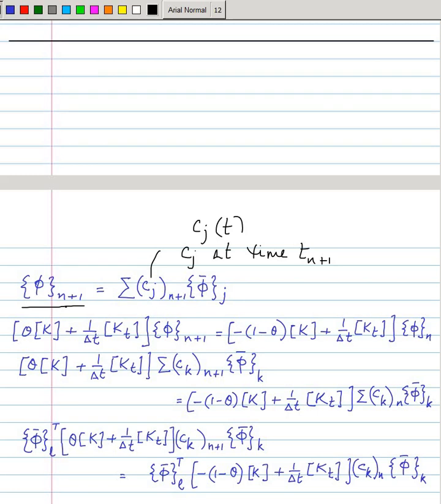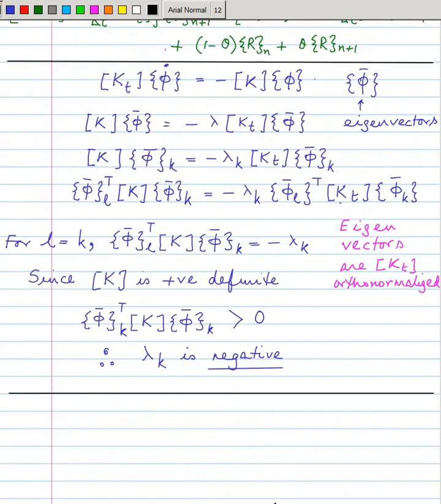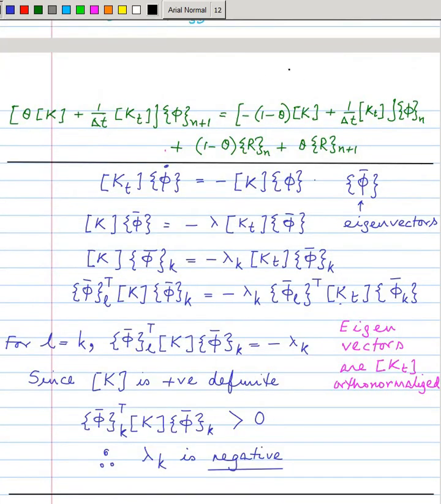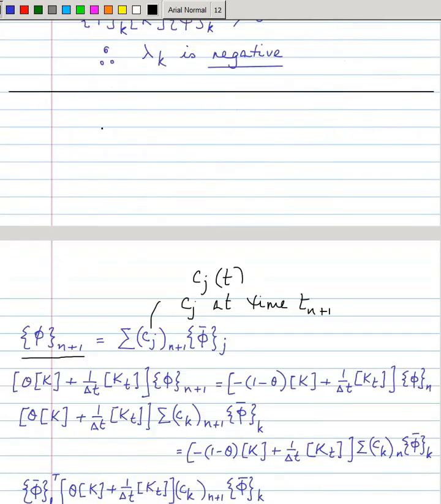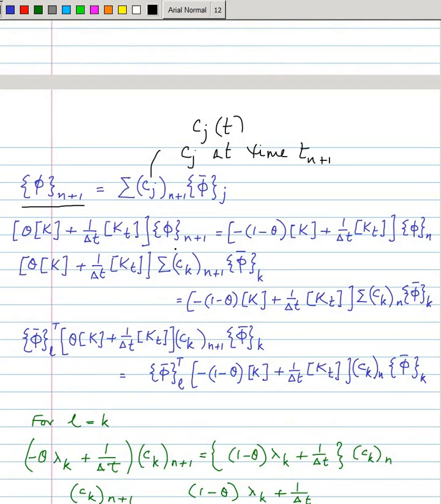Now if you assume the solution to be in this form, then you start with the homogeneous equation. That is, you make the right hand side 0, and you start with the homogeneous equation and see whether the solution grows with time or not.